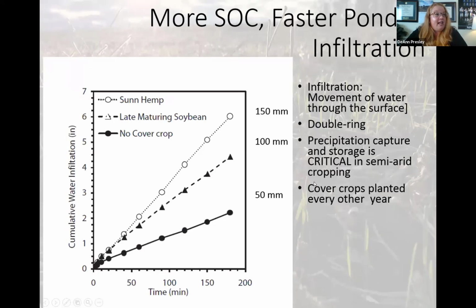And with more organic carbon, we had faster ponded infiltration. So 6 inches in 3 hours for the sun hemp, and a little over 4 inches in 3 hours for the late maturing soybean, versus a little over 2 inches. And I didn't say this, but the soil is heavy.